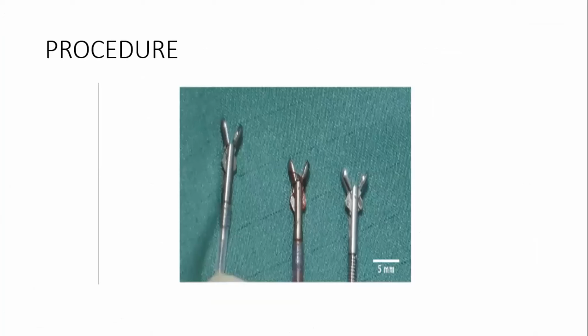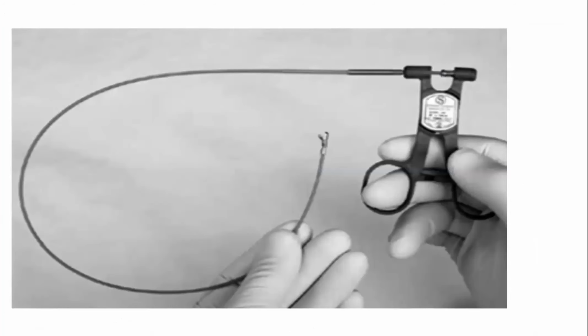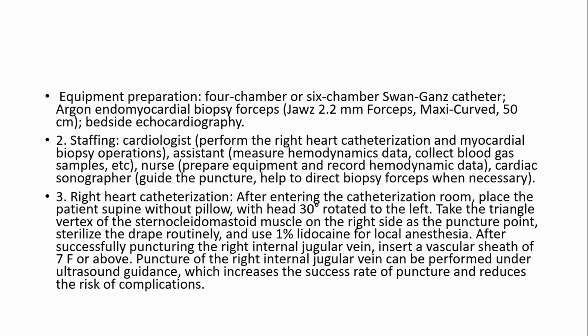So for the procedure, the major instrument used to obtain the biopsy sample is a bioptome, and this is a picture of a bioptome. In preparing the patient for endomyocardial biopsy, the surgical equipment is assembled.